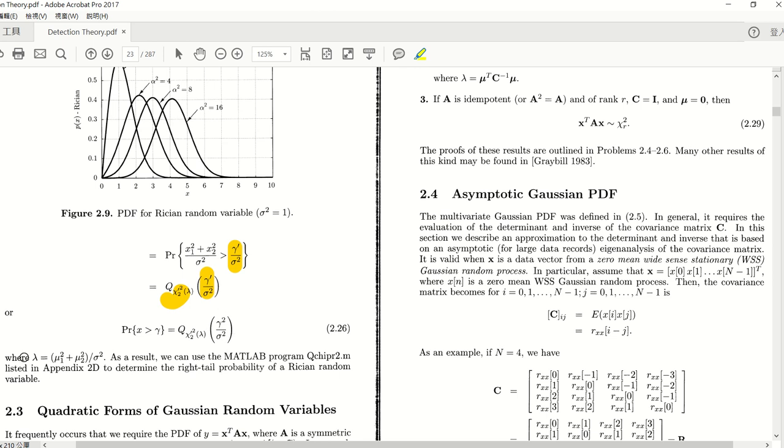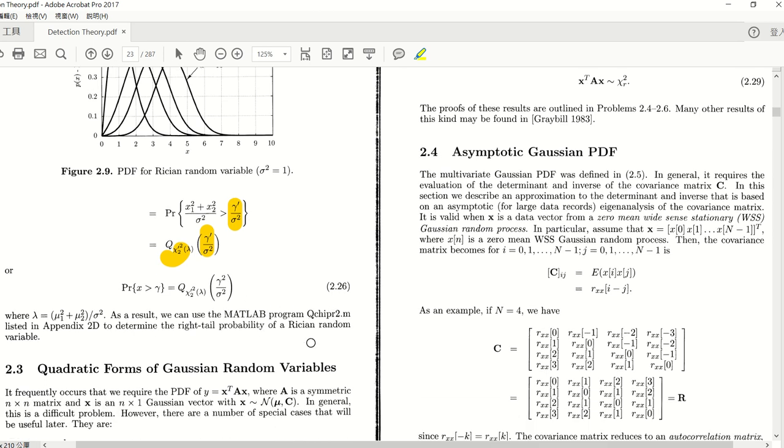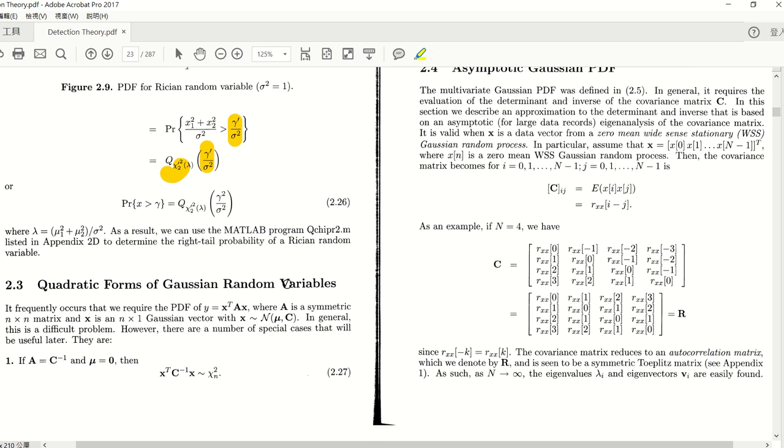And of course lambda is the sum of the squares of the means divided by sigma squared. So lambda is this thing divided by sigma squared. Then you can use MATLAB and so on to calculate its numerical values.